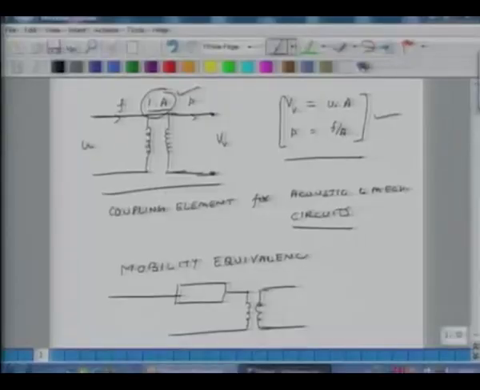So what we have talked about is the coupling elements, and that in a very general sense completes the picture. So you now have equivalences between electrical, mechanical and acoustic parts of the entire circuit. You can use a similar philosophy if you have a piezoelectric transducer and develop similar equivalences, and so you can develop similar coupling elements between piezo and mechanical or piezo and electrical.